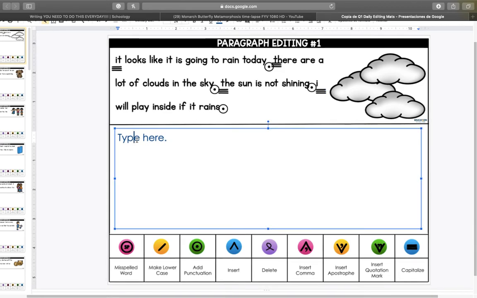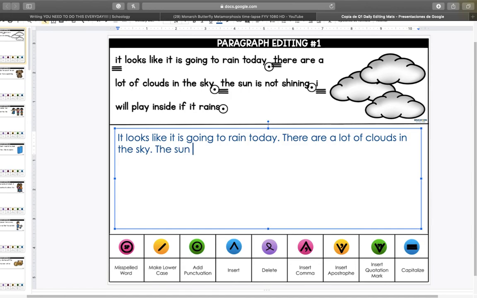I'm going to erase this. It, I needs to be capitalized. It looks like it is going to rain today. Period. There are a lot of clouds in the sky. Period again. T capitalized.